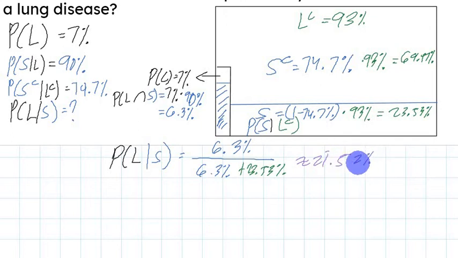So there's a 21.52% chance that a person will have a lung disease given that that person is actually a smoker.